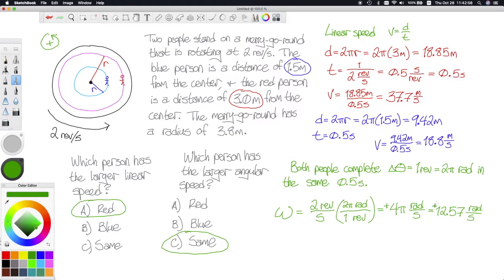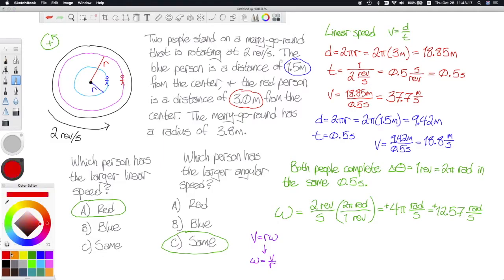We could also determine the radians per second here by using our relationship between our linear and our angular variables. So we could use v equals r omega, which could be rearranged to tell us that omega is equal to v over r.